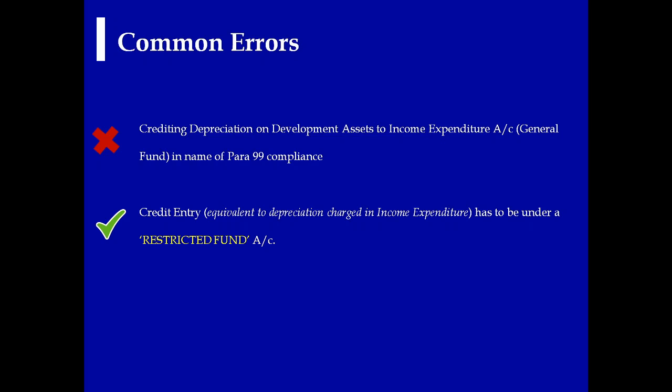So as soon as you're making a credit entry in the income expenditure account, that is completely contradictory to what para 99 says, because income expenditure is a part of general fund, and general fund is an unrestricted fund. Para 99 clearly tells us to make that credit entry in a restricted funds account. So this is in complete violation of para 99 in fact, and the reason for making this error by so many people is because they're not reading it in entirety. In fact, they're not reading the parenthesis at all.